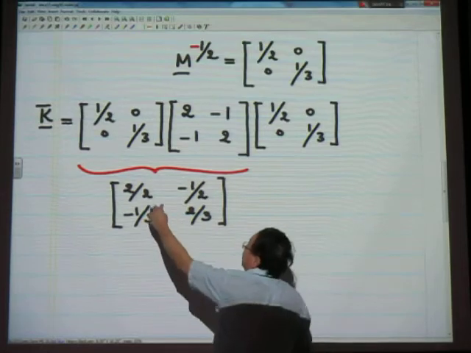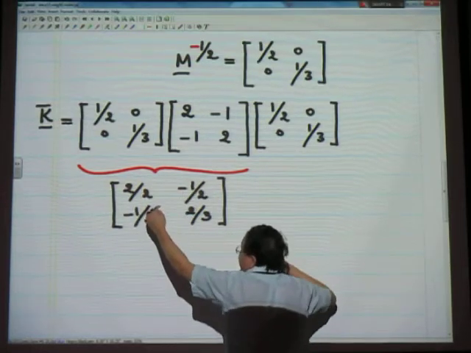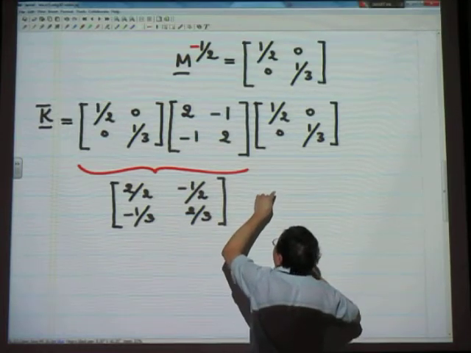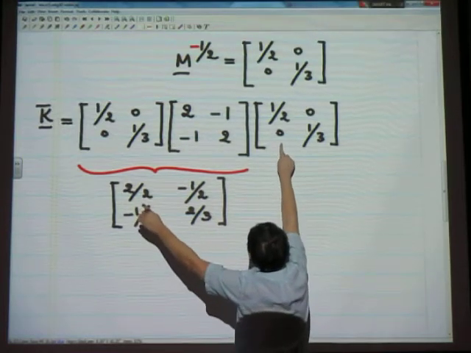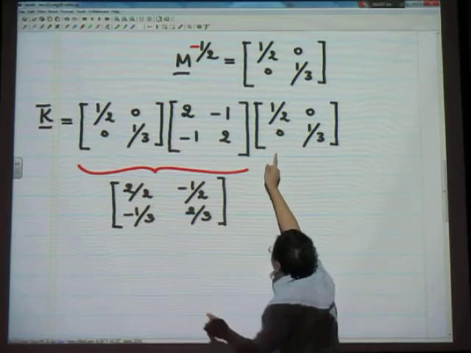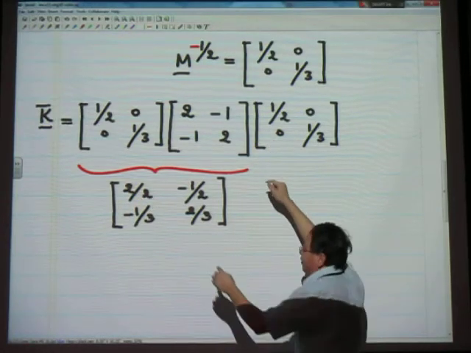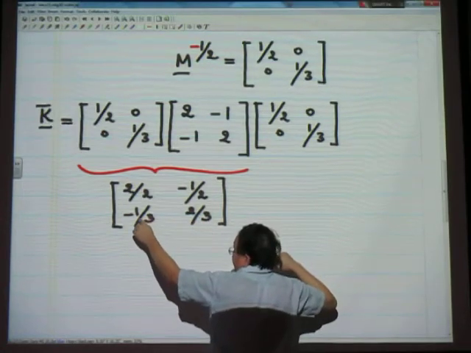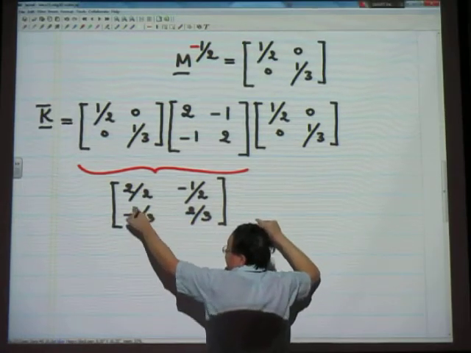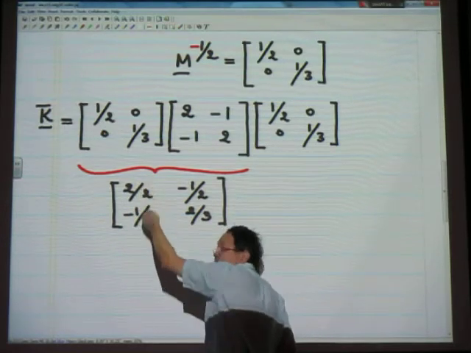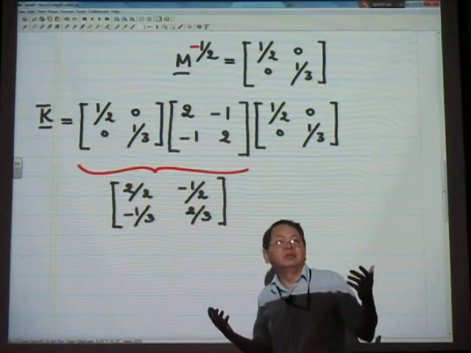The reason is because in matrix multiplication you take the first row times the first column, right? But because of the 0 here, it's only this coefficient multiplied by the first diagonal coefficient 1/2. And then the second row multiplied by the first column, you see, only this coefficient multiplied by 1/2. So therefore only the coefficients in the first column get multiplied by 1/2.